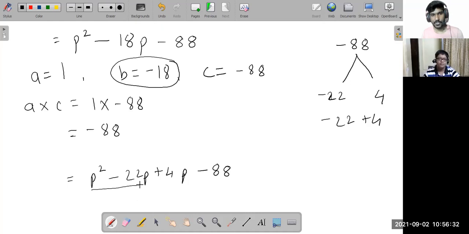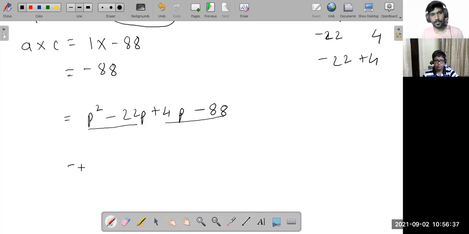Pairing: first pair, second pair. In the first pair, p is common, so p minus 22. In the second pair, what is common? 88 is a multiple of 4, so 4 is common.